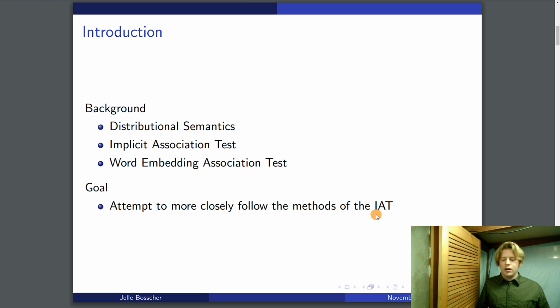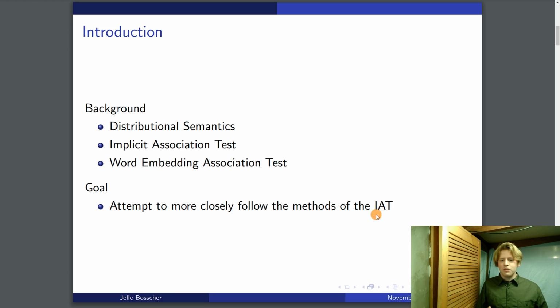Now, if these implicit biases that humans possess are also present in the corpus, the written data that they produce, is it then also the case that the machine learning methods in natural language processing that are based on these corpora also express the same implicit biases that humans do?